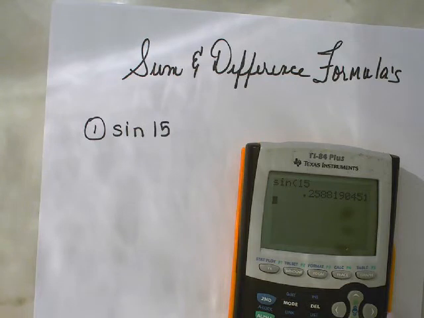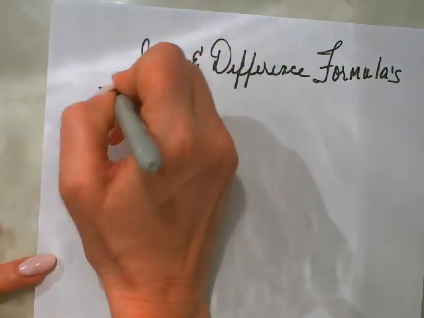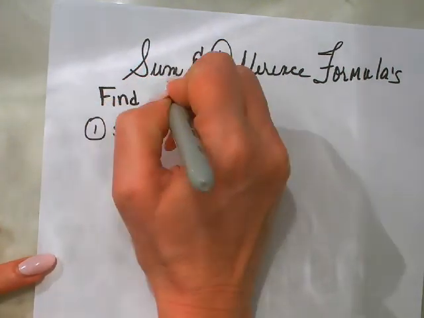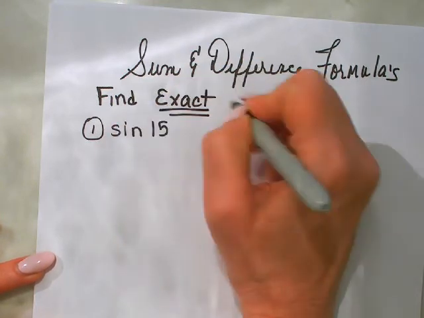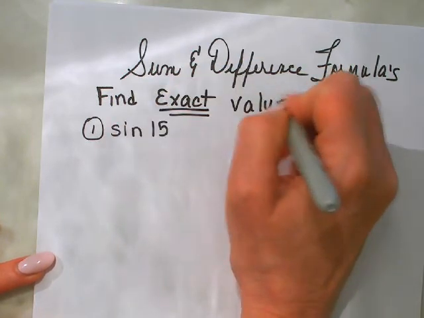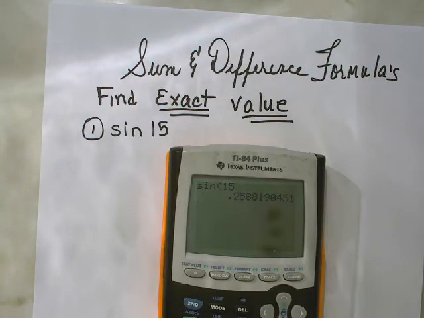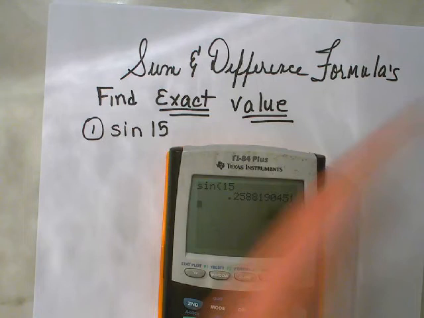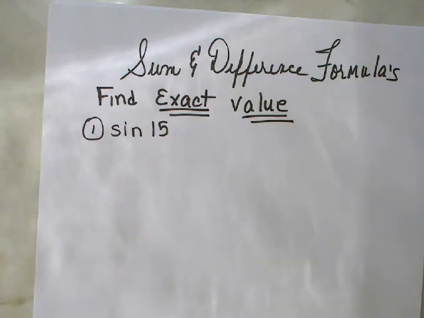And that's wrong, because the directions are going to say find the exact value. Well, you can't find the exact value this way. This is not an exact number. This is an approximation. This is bad. We are not going to use the calculators.